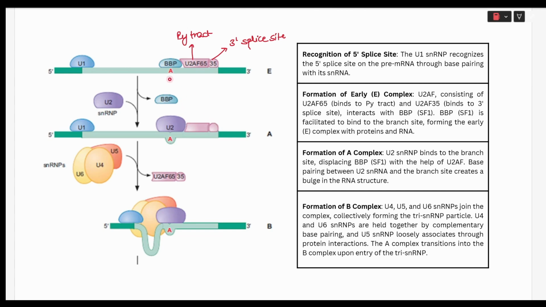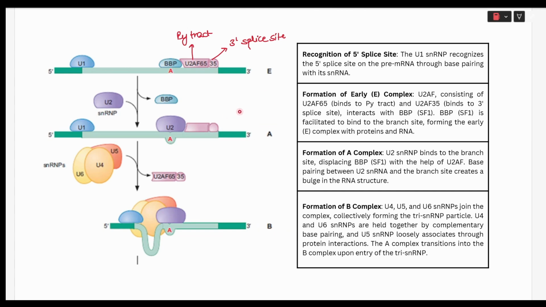Okay, guys, I'm going to be very quick here, and I'm going to tell you the function of the U1 and BBP. Their function is basically identification, or recognition, of the main sites which are present in exon-intron junctions. Okay. After that, as you know, after the A and B complex, we are moving toward the actual process.